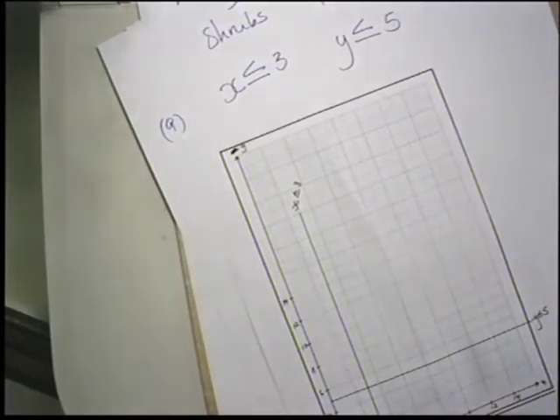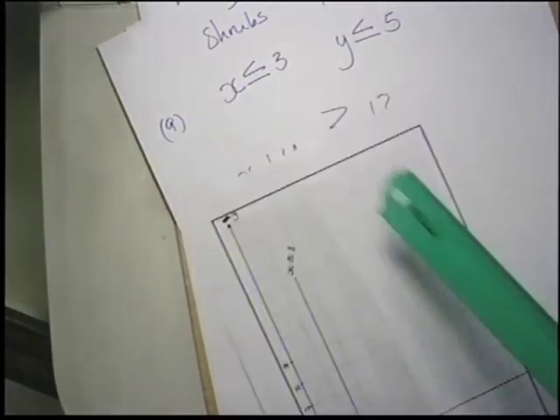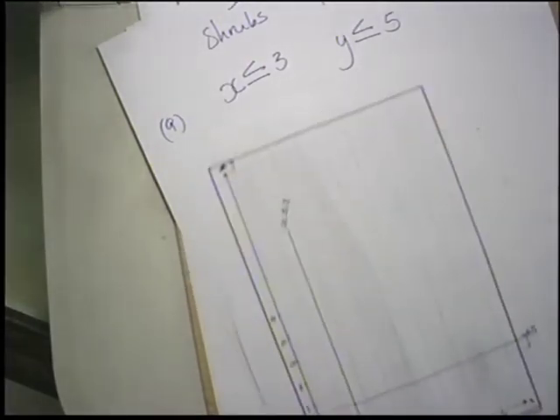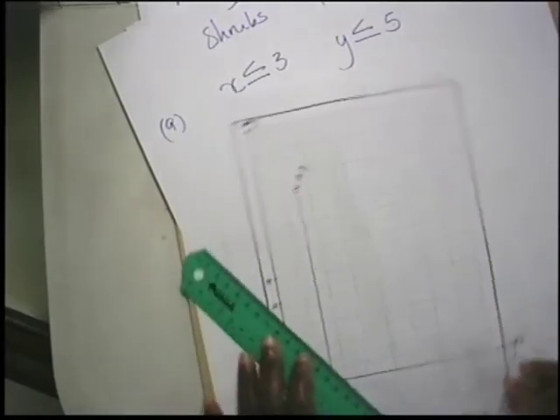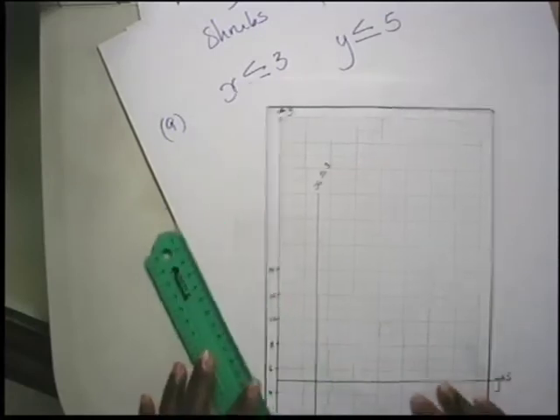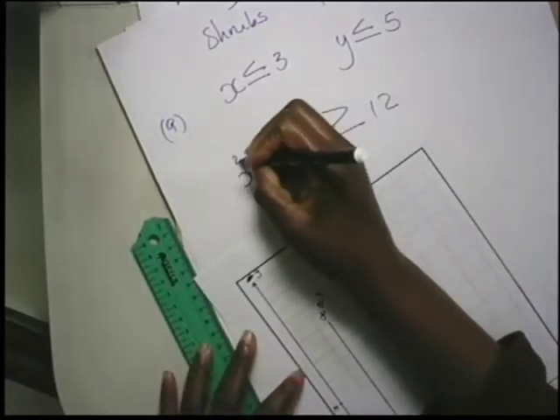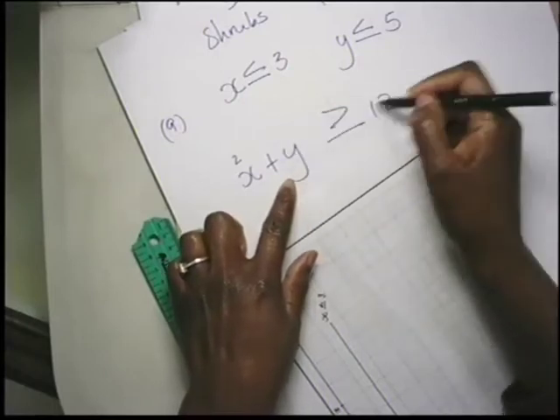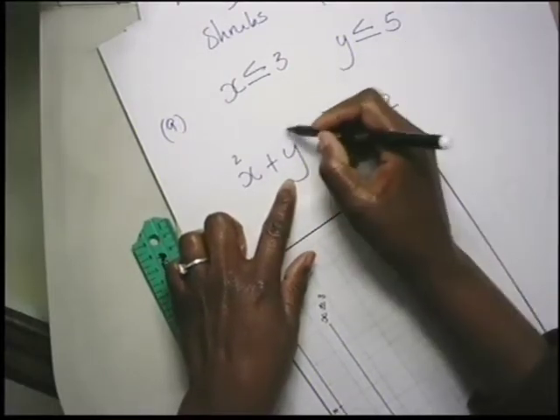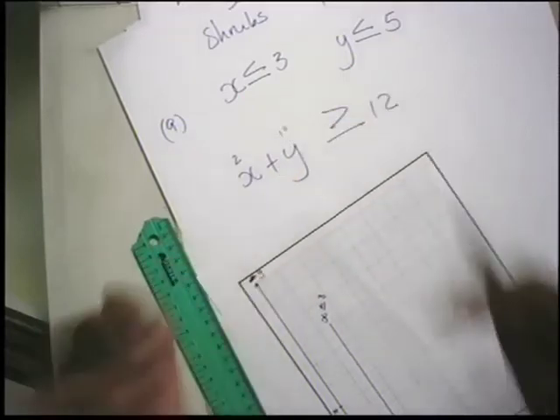Okay, and then the last one, you have to draw this inequality: x plus y is greater than or equal to 12. So just cut 12 on the x-axis and 12 on the y-axis. Or you can say, if x is equal to 2 now, which number can you add to give us 12? 10.